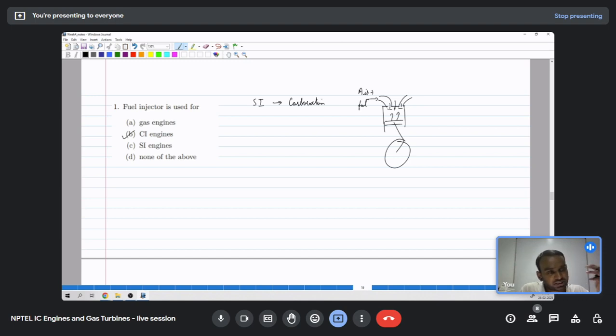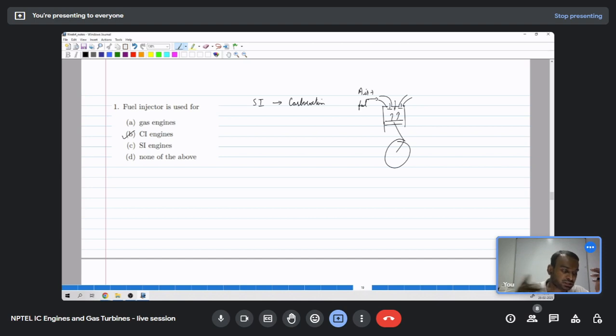But there can be some cases where if you compress more, then the temperature of the mixture can become very high and it can start to combust on its own even before the spark ignites. This case is very dangerous because it is inefficient.